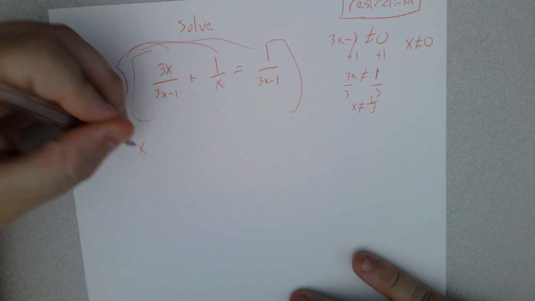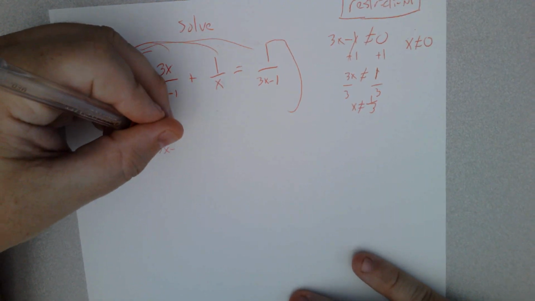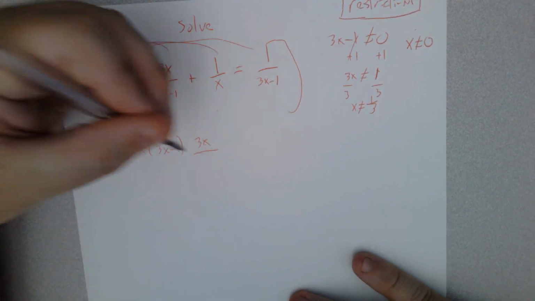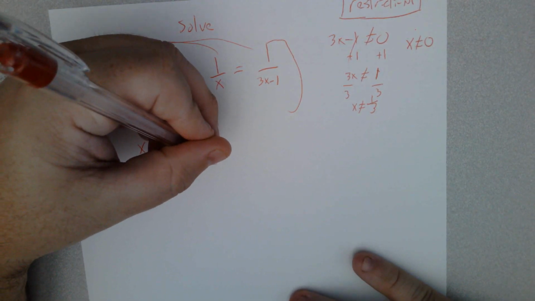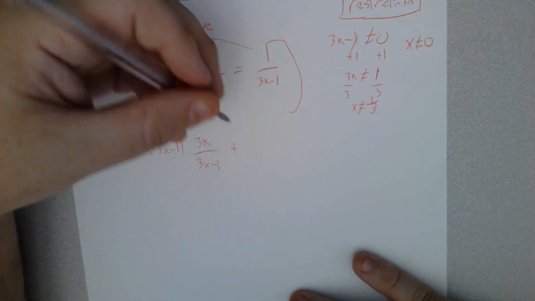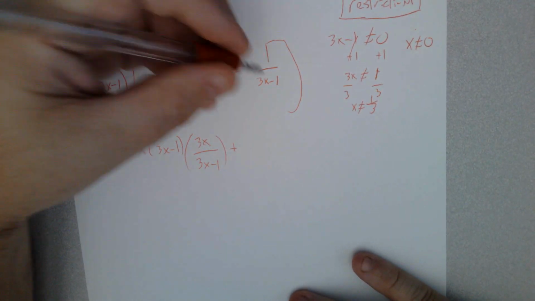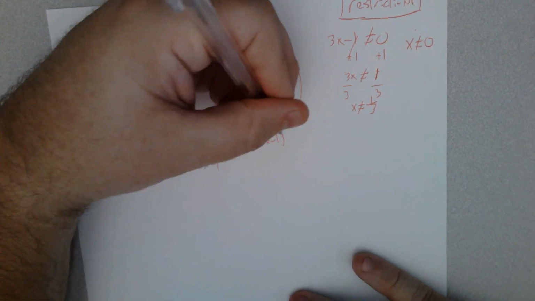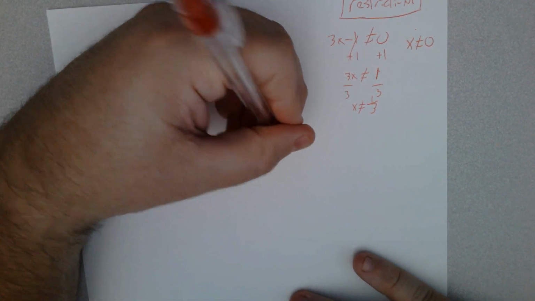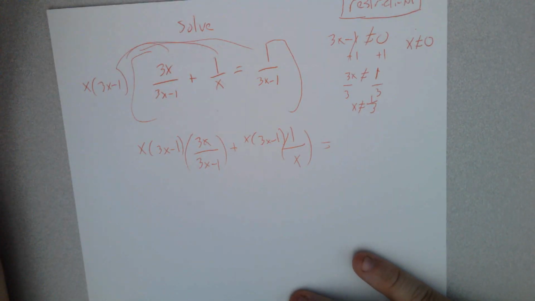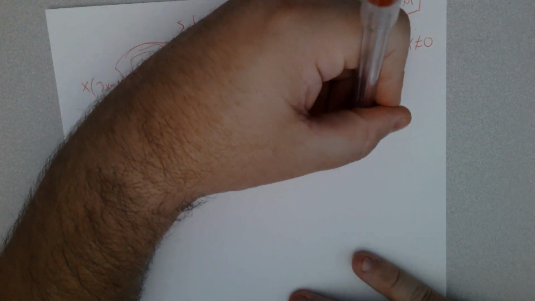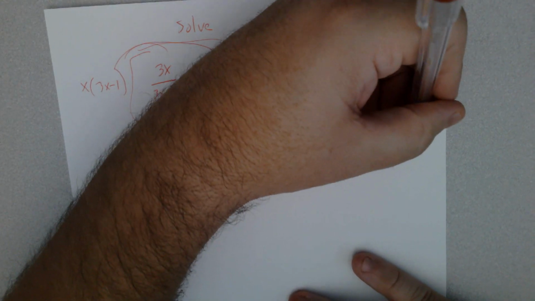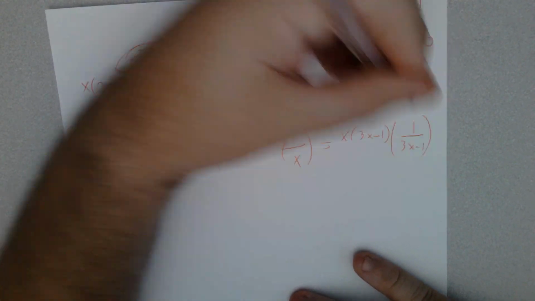So for the first term, I'm just going to write this out. I don't usually include the whole thing, but for the purpose of demonstration, I will, in this case, show what happens when we do this. And then 1 over x, and that equals x times 3x minus 1 times 1 over 3x minus 1.